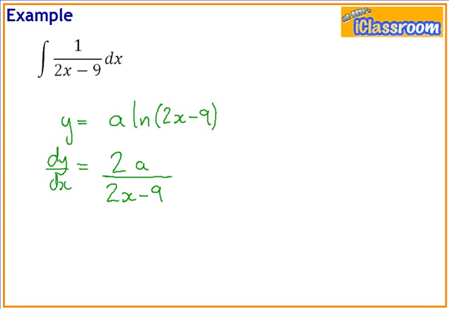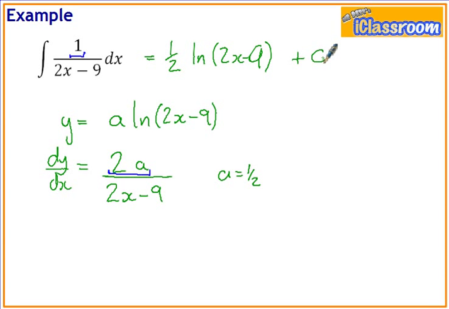Again, I do my comparison and I realise that I want my 2a, in this case, to be equal to 1. So again, I'm going to let a equal 1/2, and I know that this will integrate to give me 1/2 of log of 2x minus 9. Again, don't forget constant of integration.